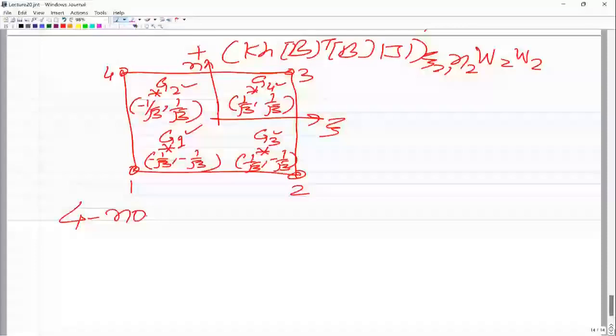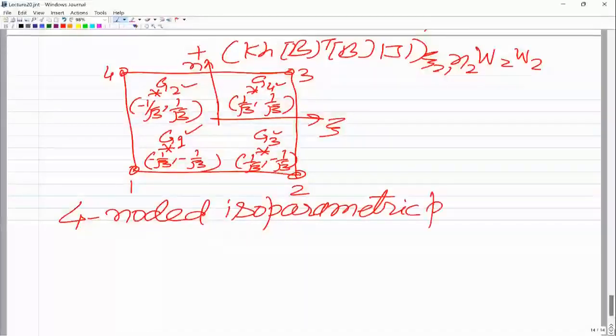So next is the four-noded isoparametric plane stress/strain finite element. We have seen that the plane stress and plane strain problems can be done together. Only the constitutive matrix differs.